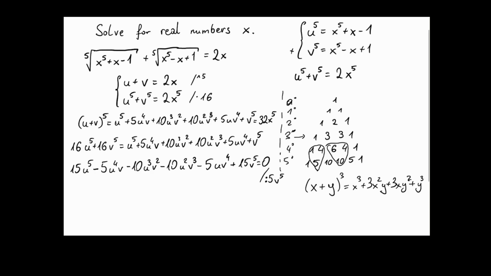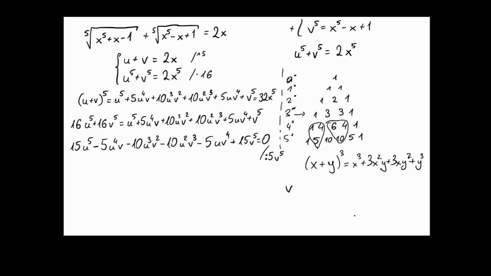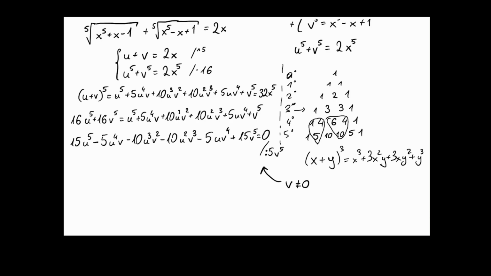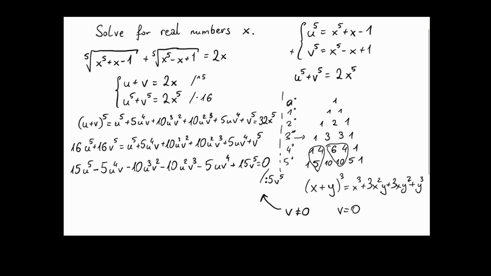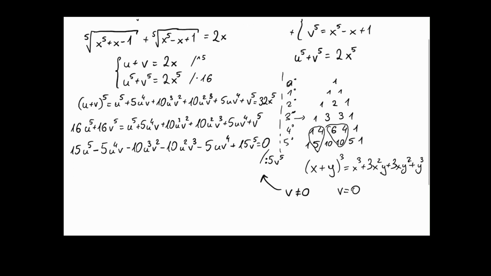For this, we also need to assume that v is not equal to 0. We should also check if v equals 0 is a possible solution. If it is, then we shouldn't just straight up cross it out. Yeah. We should also include it.